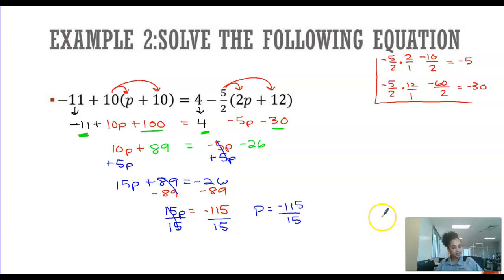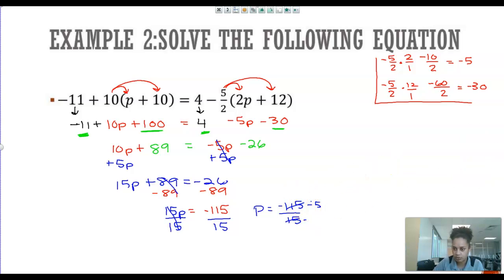But if I notice one thing about this fraction, it's that both of them end with 5 on the numerator and denominator. Whenever that happens, I know I can reduce this by 5. You'll get used to that. So if I reduce this by 5, divide by 5 on top, divide by 5 on bottom.